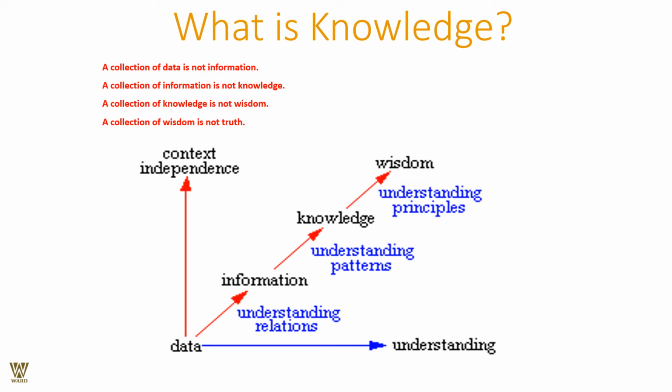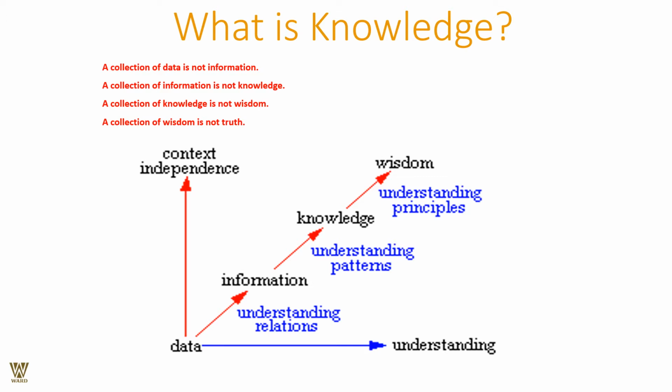A collection of wisdom, again, might not be the truth exactly, but yes, essentially, as we move from data to information, from information to knowledge, and from knowledge to wisdom, we realize our potential and probably find a clear-cut direction. Look at the x-axis.